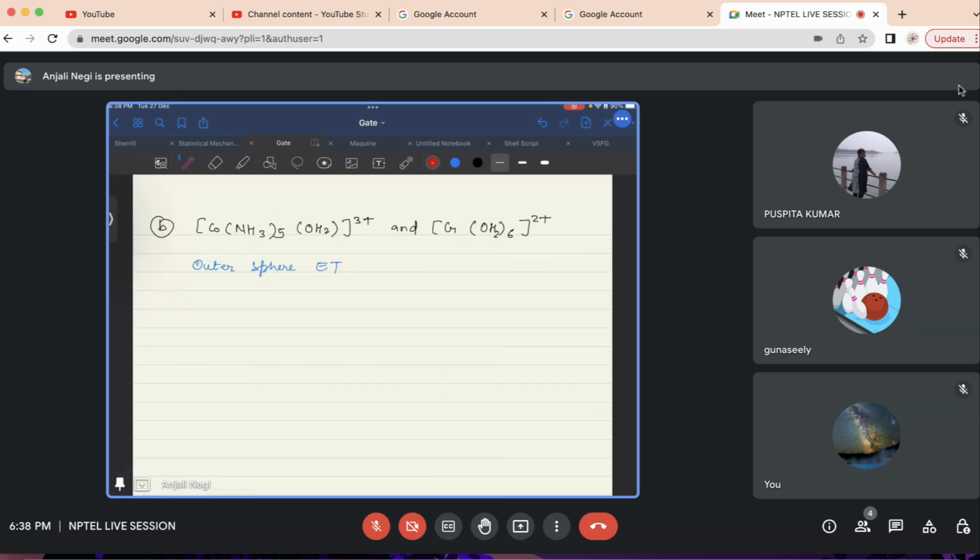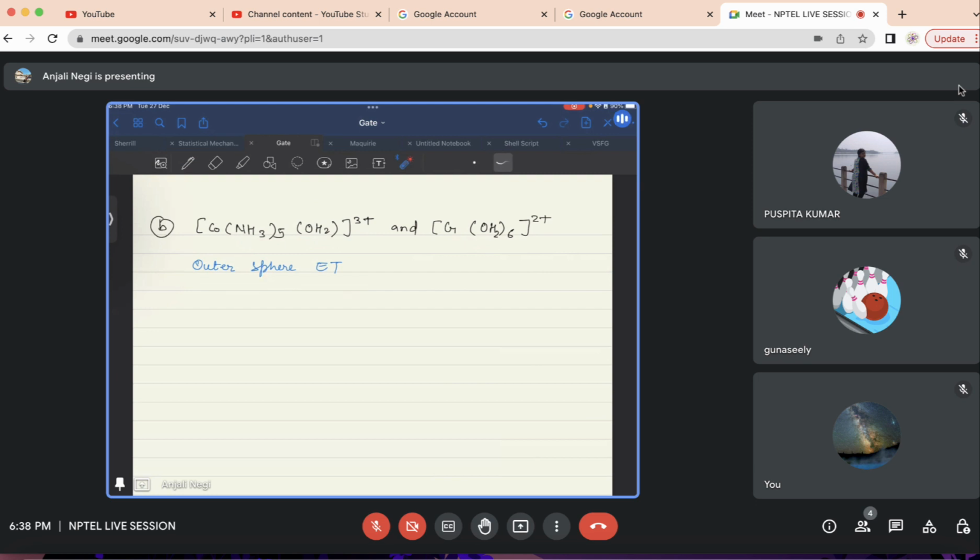So this one, as you can look here, is ammonia, OH2, chromium OH2, and in this case it is definitely outer sphere electron transfer. I hope you are following me, as we have just covered the detailed basics. So this is the outer sphere electron transfer.